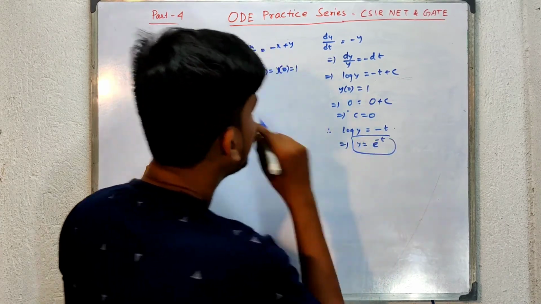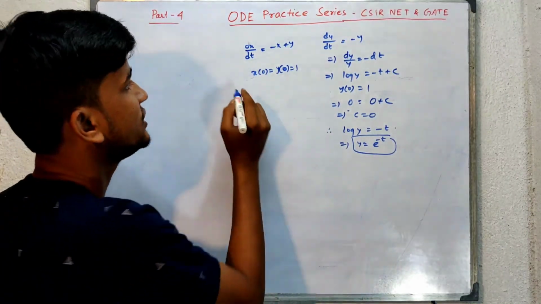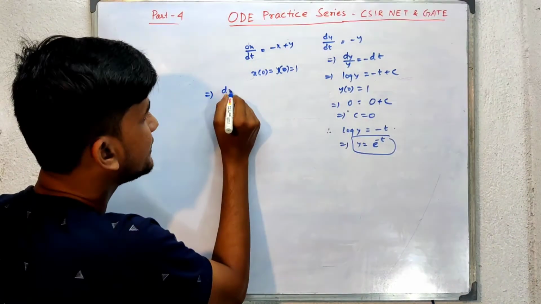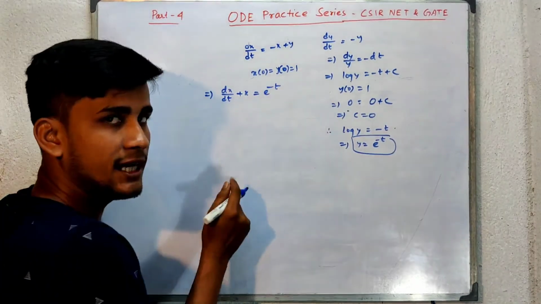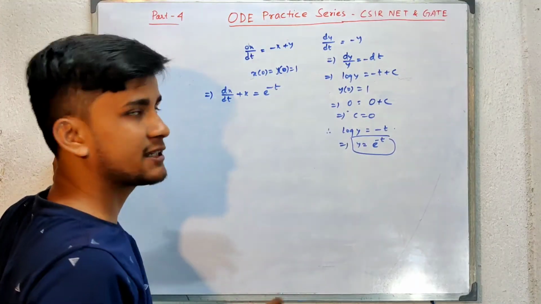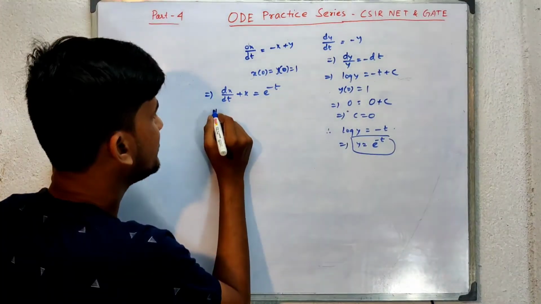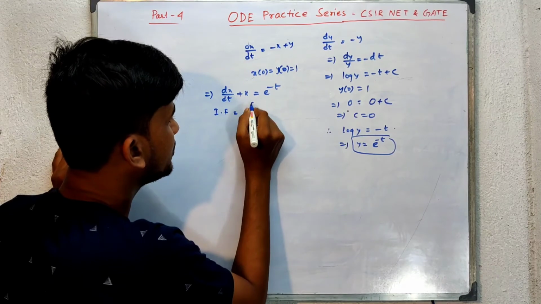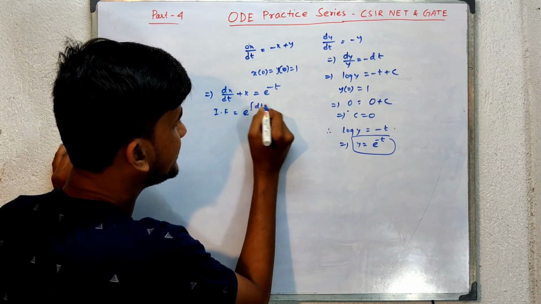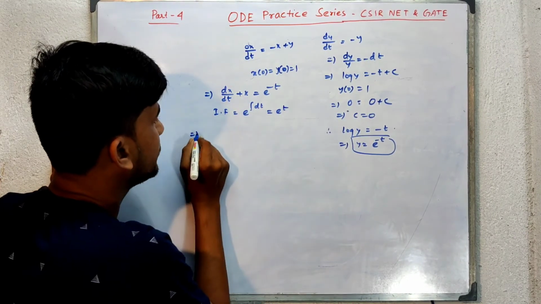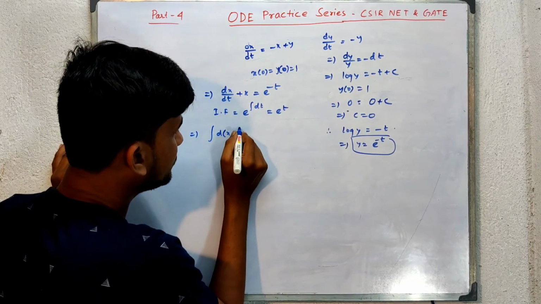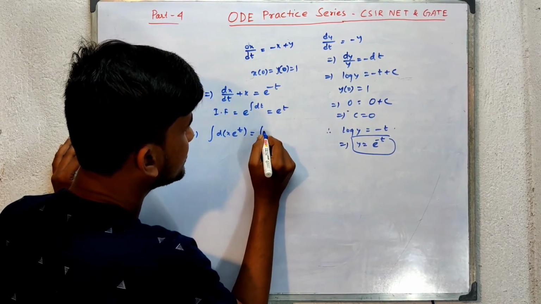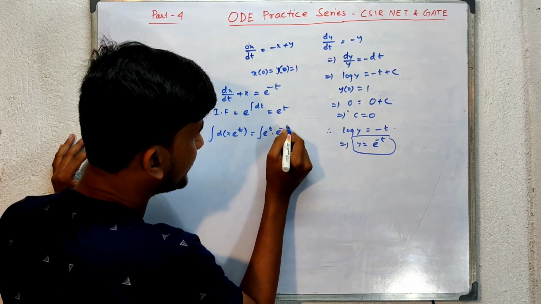Now we put the value of y here. This implies dx/dt + x = e^(-t). This is clearly of the form dx/dt + px = q. The integrating factor is e to the power integral of 1 dt, that is e^t. Therefore d(x e^t) = integral of e^t into e^(-t) dt.